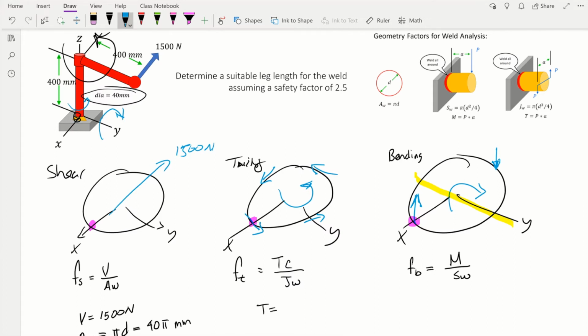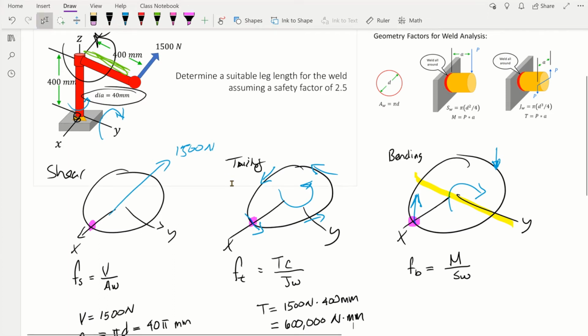So the force is 1,500 newtons, and the distance from that force is going to be this one here, 400 millimeters, which brings the torque to 600,000 newton millimeters.